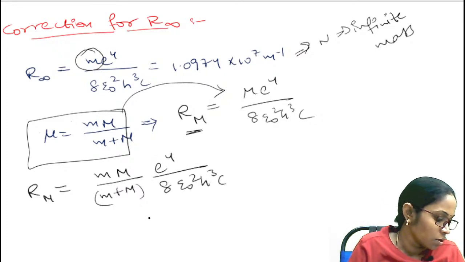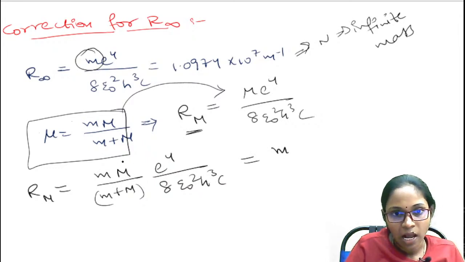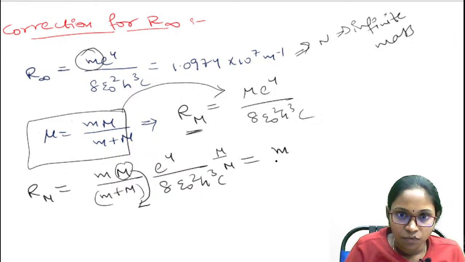Now I am bringing this capital M towards the denominator; or else you just multiply and divide the numerator with capital M. So we have m by m plus capital M by m.